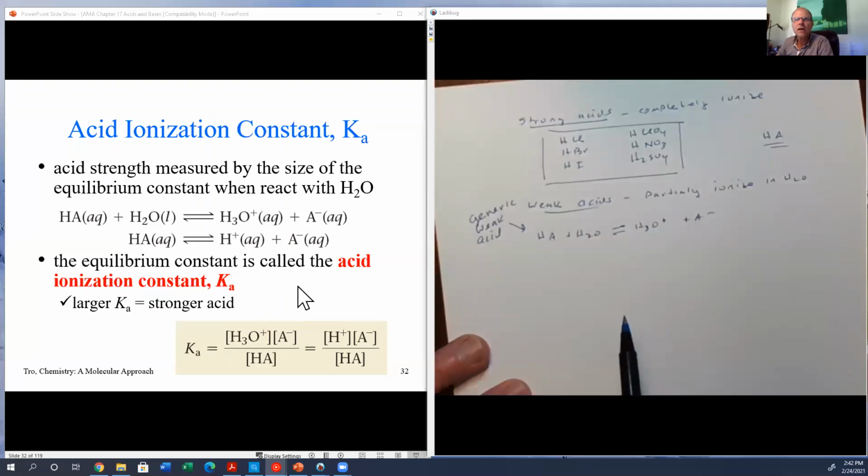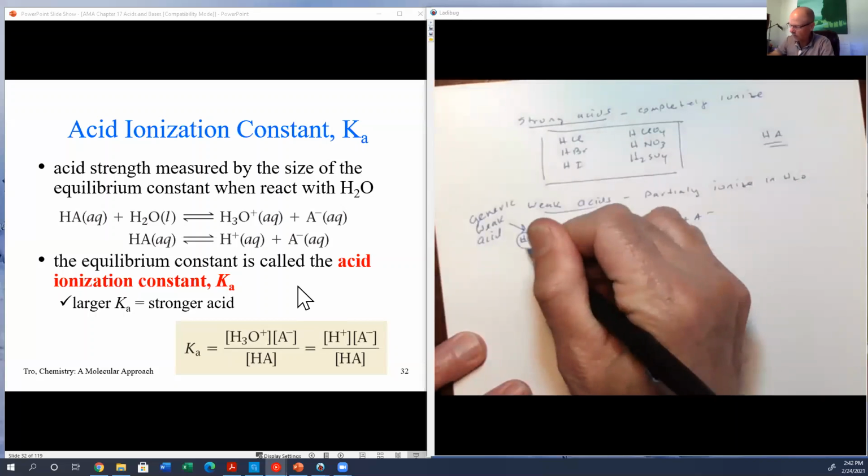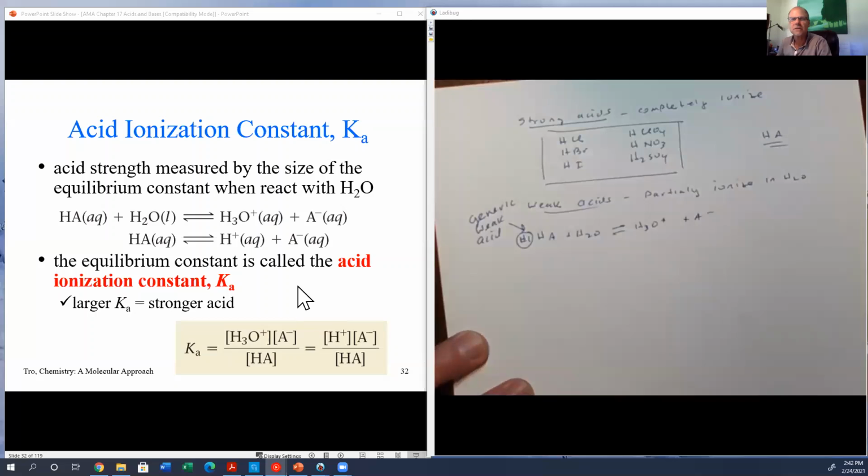This is one of 4 equations that need to become your best friends in the next couple of weeks. This is the first of 4, so I'm just going to number it number 1. We'll see the other ones as we go along, but there are 4 very important equations moving forward that will be key to understanding the things that we're doing. And this is one of them. It's the ionization equation for a weak acid.